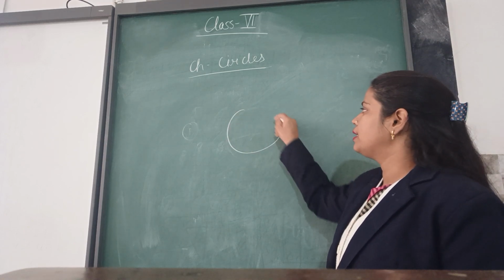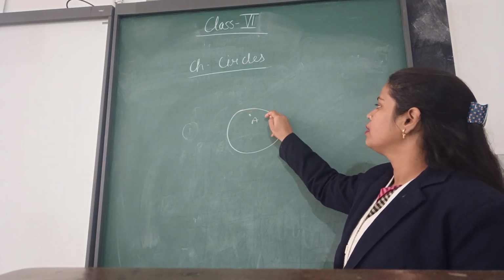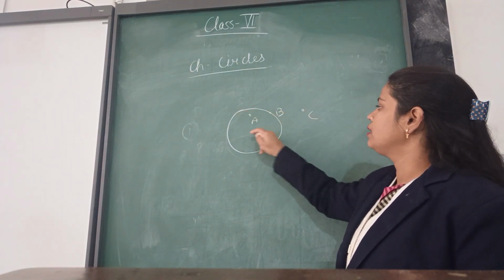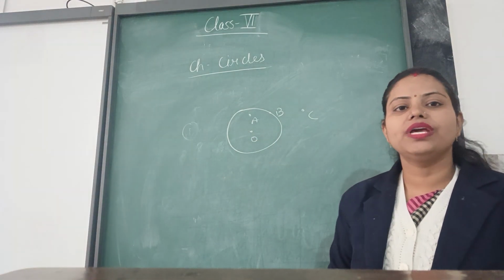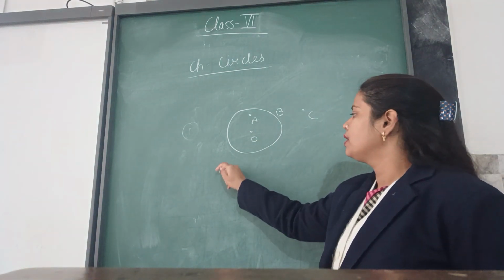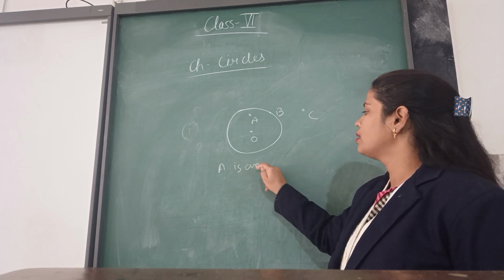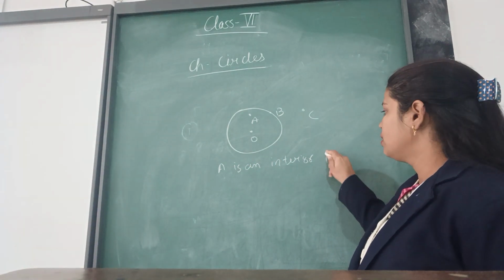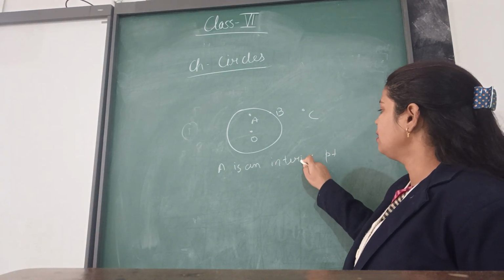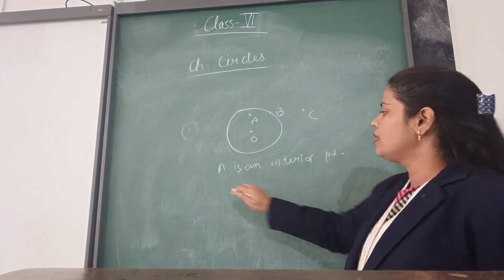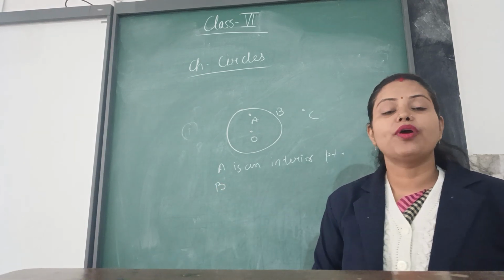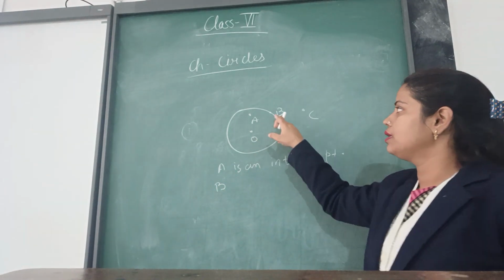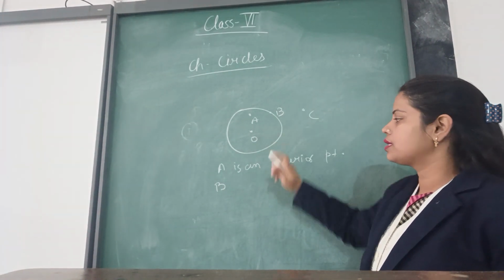There will be simply a diagram like this, A, B, C, O. So we have to write down about the points. A is an interior point because it is inside the circle. Then about B, point B is on the circle. See, here it is marked on the circumference.